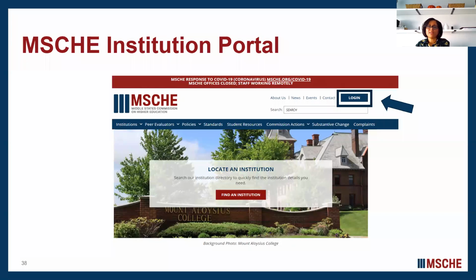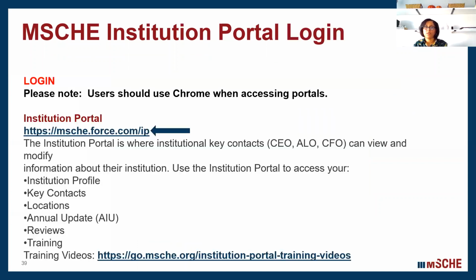In the top right corner of our website, on any page, you will find the login button. Click that and it will take you to a login page, which includes the link to the portal. Click the link provided. Note, we are asking that you use Chrome as your browser.